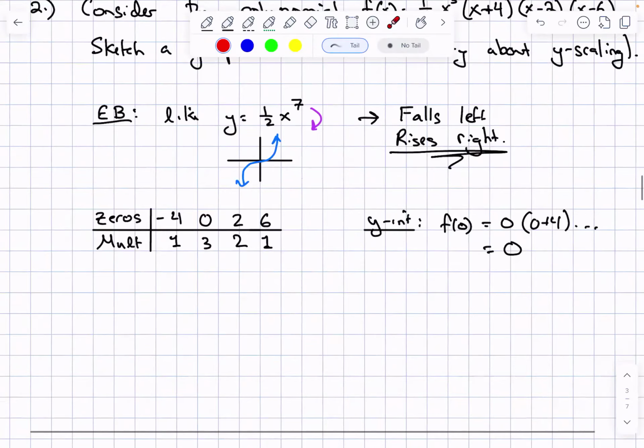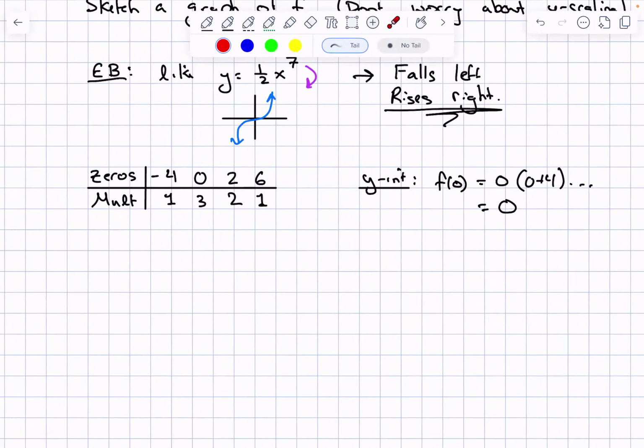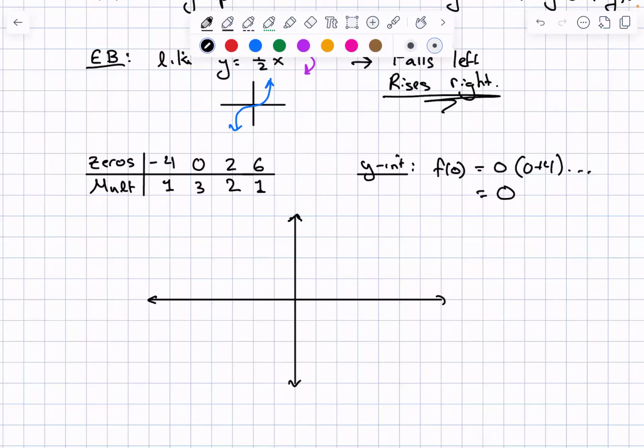So we know what our y-intercept is, we know our zeros, we know our end behavior, so we're going to draw a graph. I'm going to pause it real quick. Boom. And so let's go ahead and assume that each tick mark represents 1. And let's draw our end behavior. So it's down on the left and up on the right. That'll tell us how to start and where we should finish.